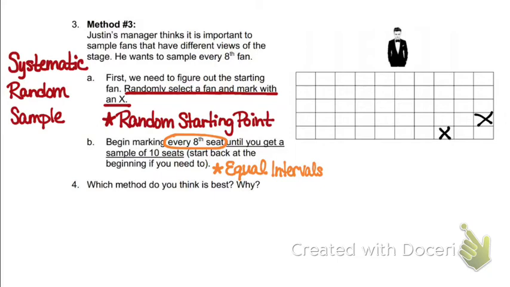So if I've got 2 people, I want a total of how many? How many do we want in our sample? 10. So I'm going to keep counting. If I have to start back at the beginning, that's okay. So 1, 2, 3, 4, 5, 6, 7, 8. This one now.